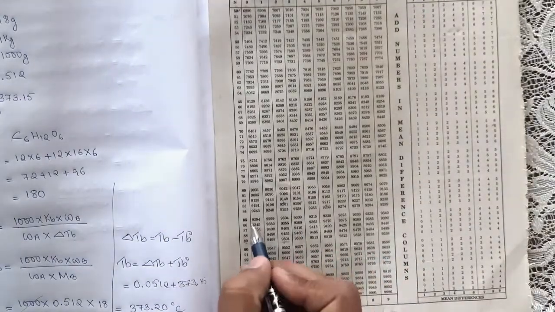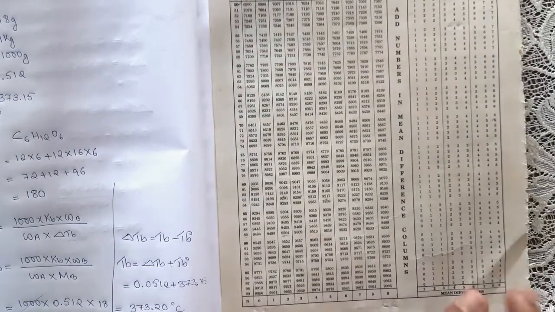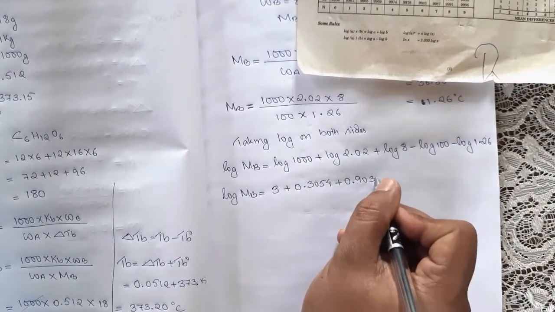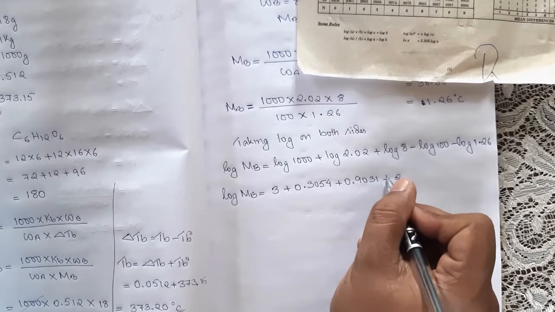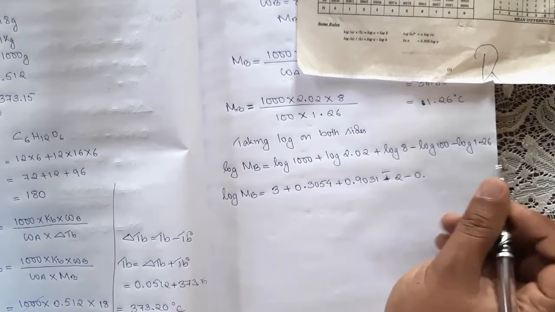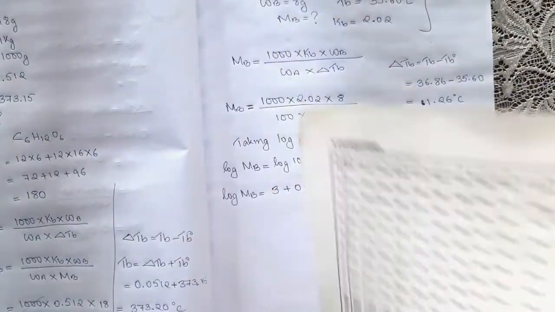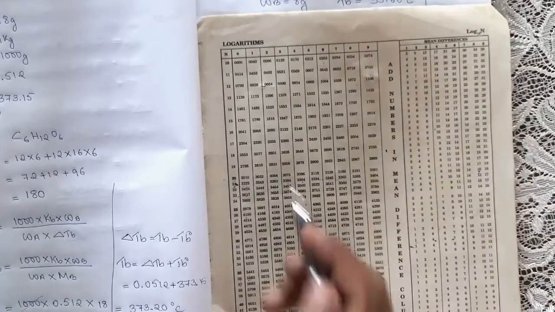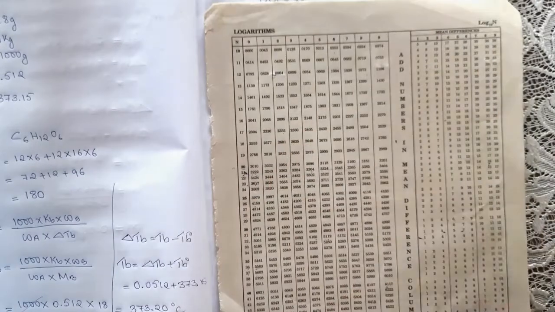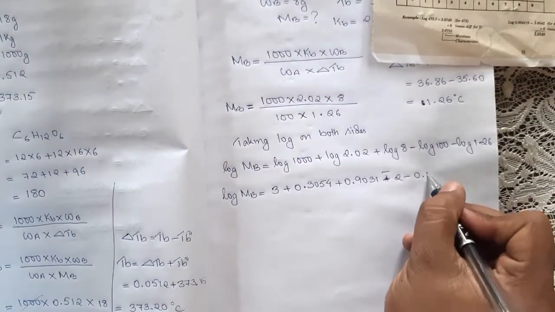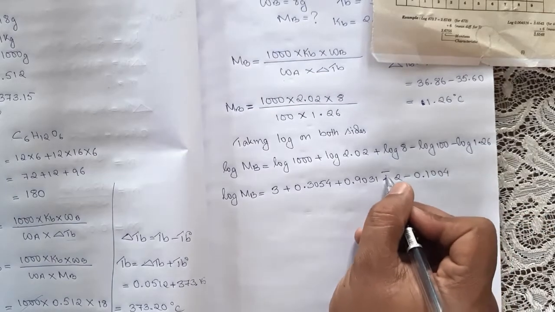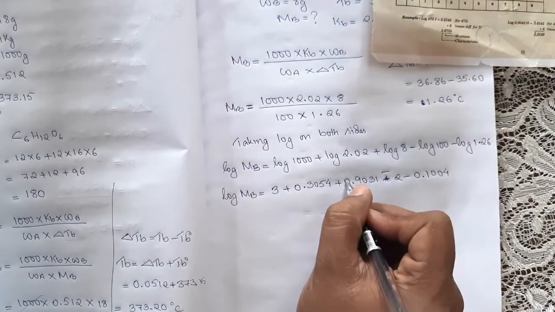If we go for log 80, we have 9031, that is 0.9031. Minus log 100, which is 2. Sorry, it's minus out here. Log 100 is 2. Log 1.26 is 0.1004. I hope you know how to use the log table. If you don't know, you may check my previous video as to how.